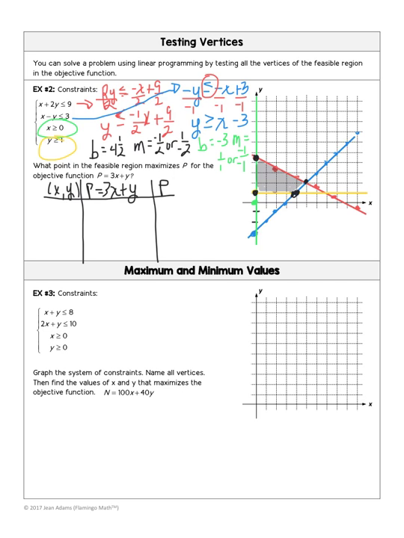So 0, 1, and we're going to plug that into here. So 3 times 0 for the x and 1 for the y. So that means that my profit is 3.